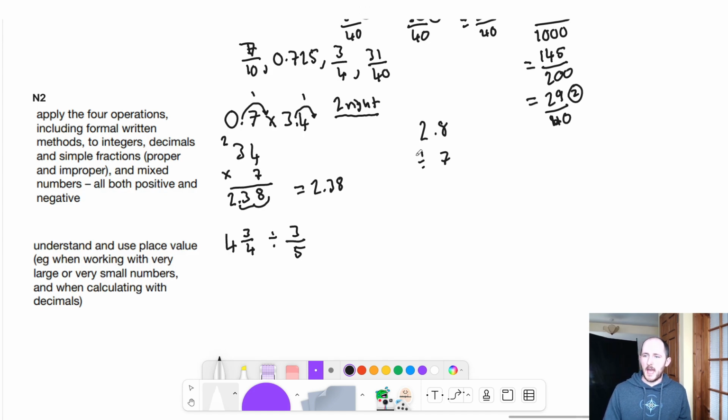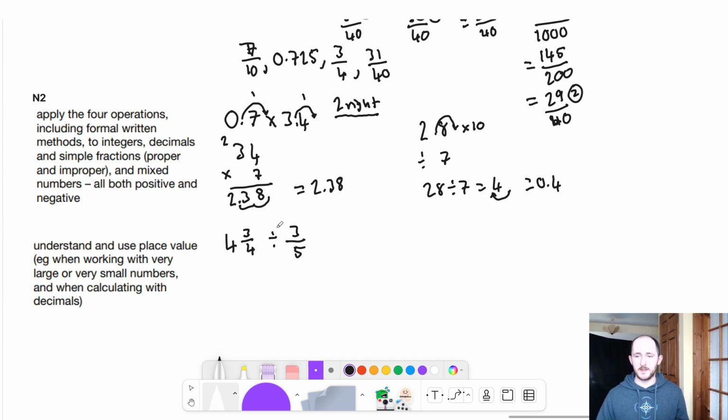What you do here is times the top and bottom by 10, or maybe just times the top one by 10, which gives us 28 divided by 7, which is 4. But because I've moved the decimal point 1 to the right here, I need to move the decimal point 1 to the left here. So the answer is 0.4.